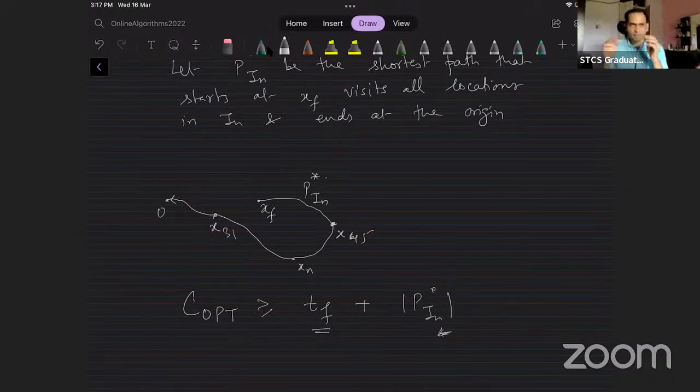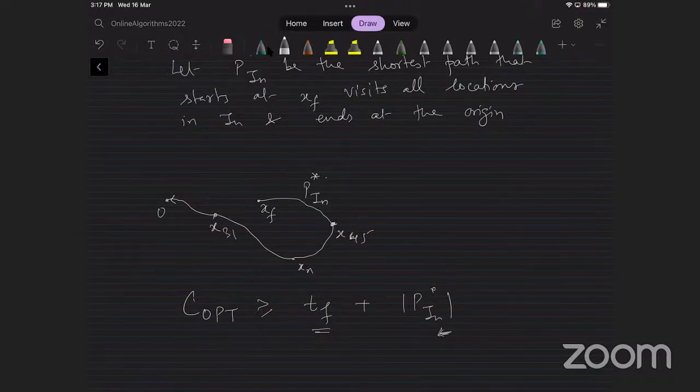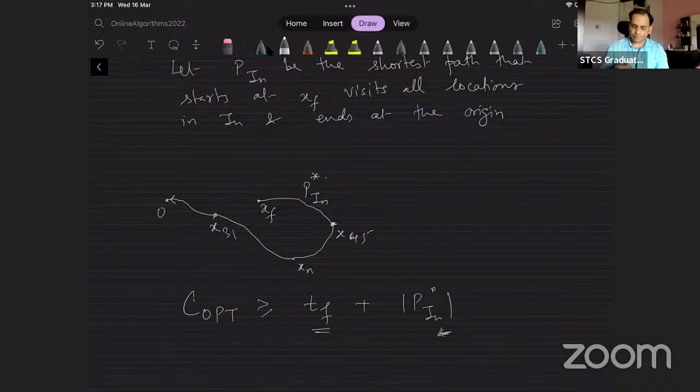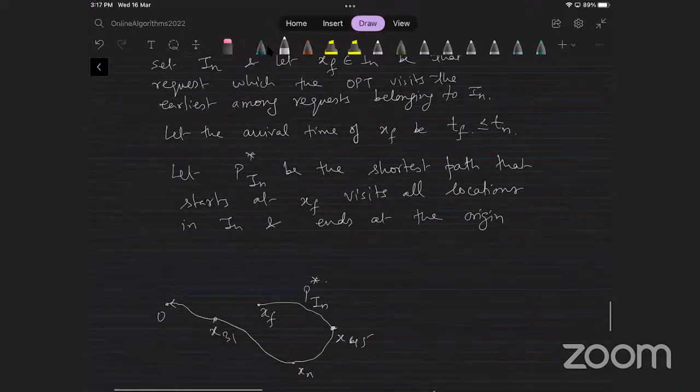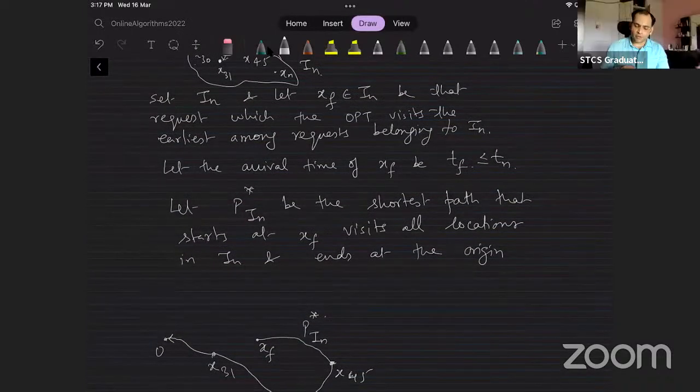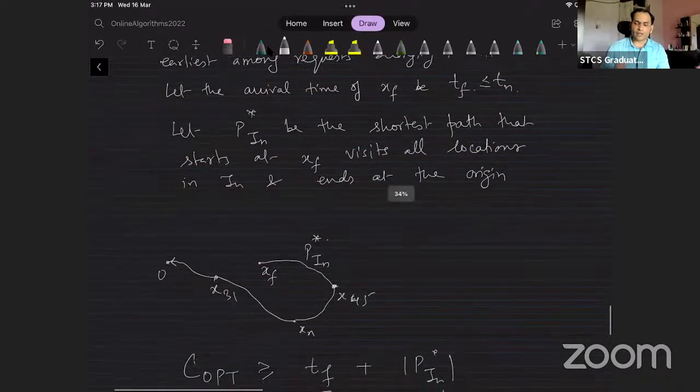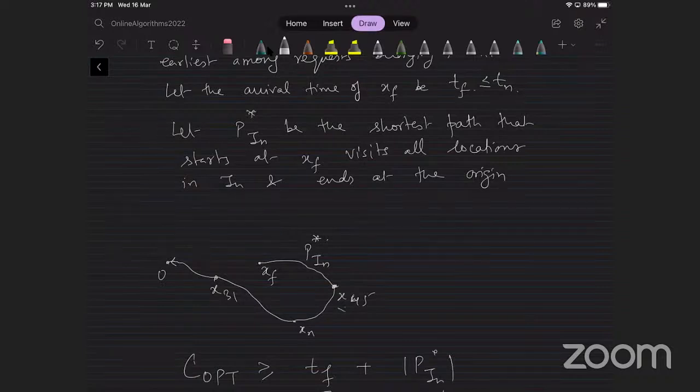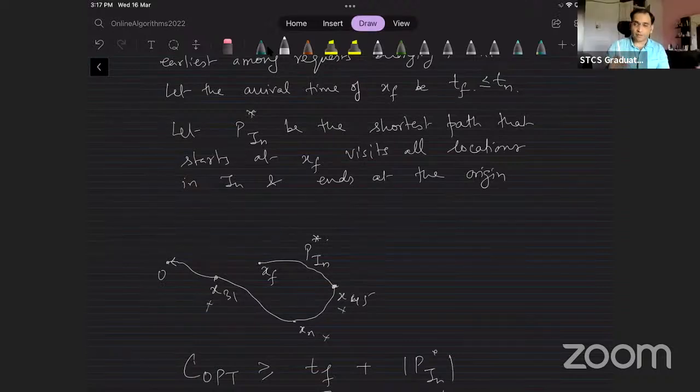So what is TF? TF is the time when XF is revealed. That much is clear? Okay. Now what is the definition of XF? Among all requests that IN consists of, XF is the request which OPT visits the first. So that time cannot be before TF. Right. And all these guys are not visited yet because XF is the first visited node.